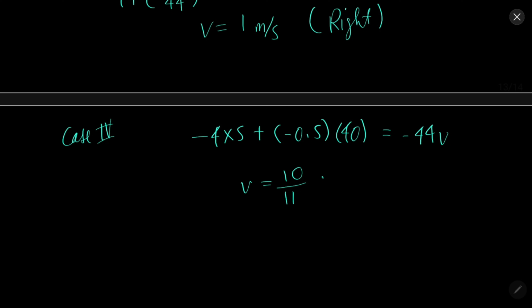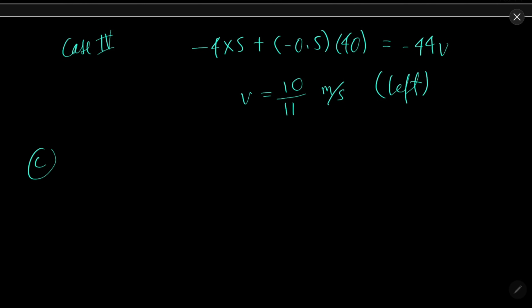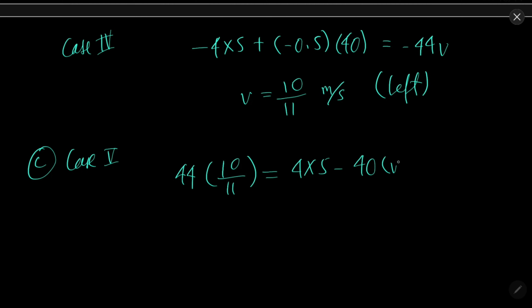V will be 10 by 11 meters per second towards left. Now case 5. Here when A throws the ball back, by conservation of linear momentum we will have this scenario. So we will come out to be 60 over 44 meters per second towards right.